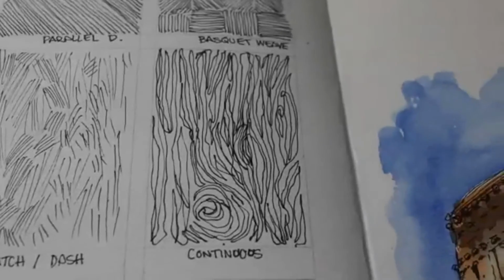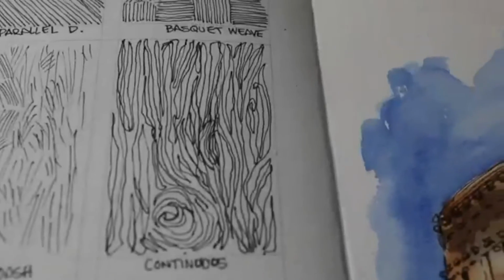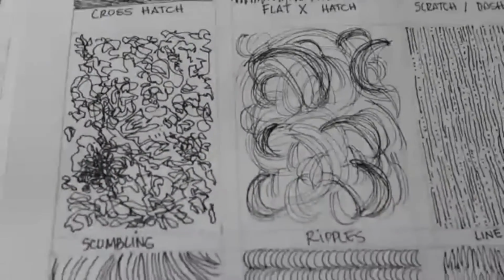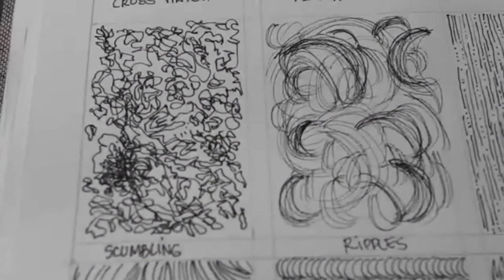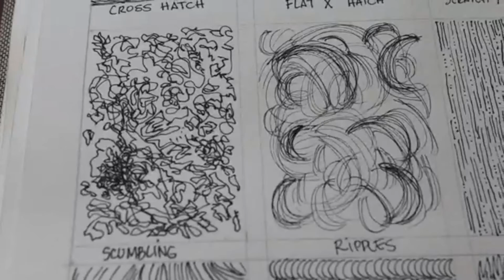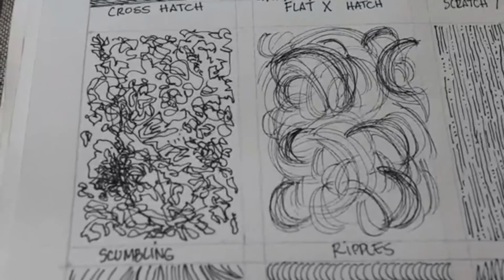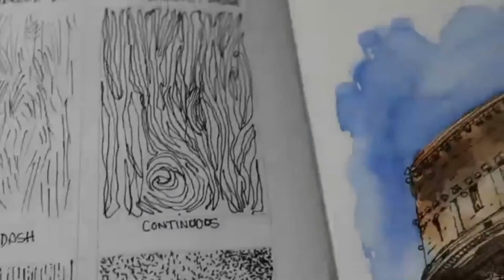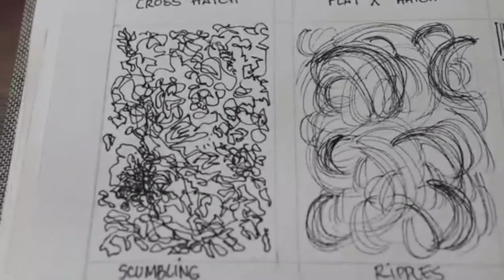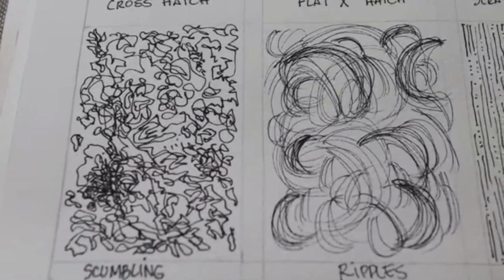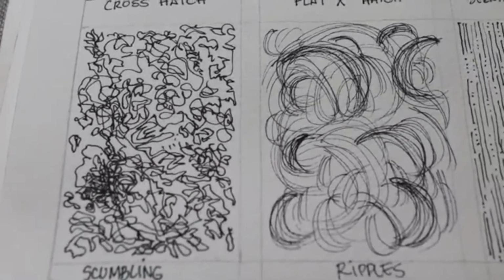And again, it's your imagination that's going to say, okay, this is the line I need for the rendering of this form. This one, which I love, scumbling, is pretty much a continuous line that does break.